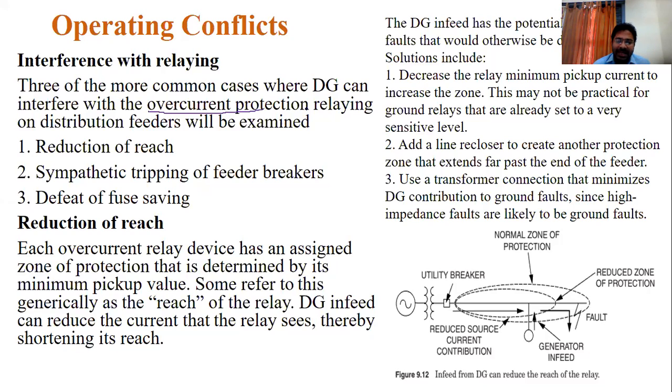For our analysis, we are considering the overcurrent protective scheme. In the overcurrent protective scheme, we use circuit breakers to clear the fault, and for the circuit breakers we use relays. Our approach is in three ways. The first one is the reduction of the reach.